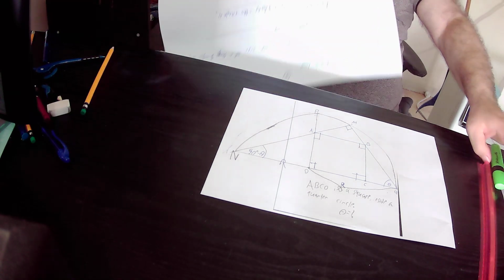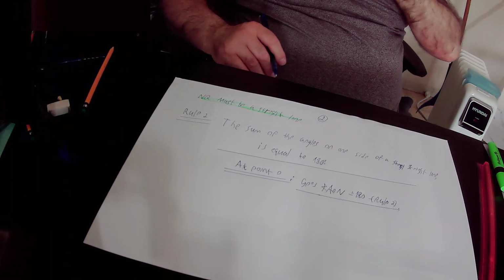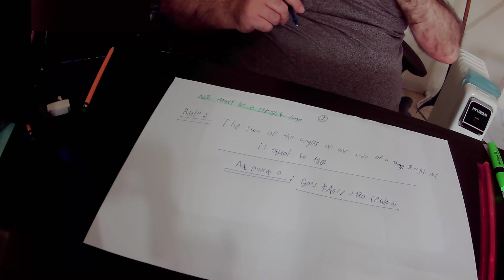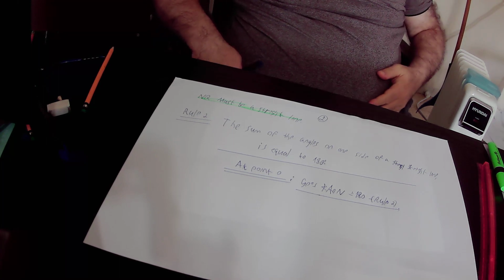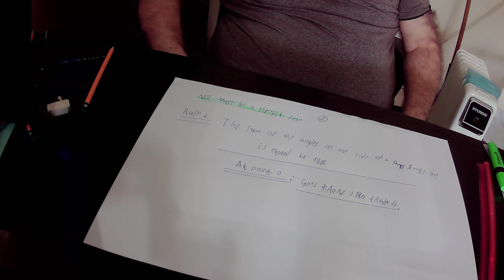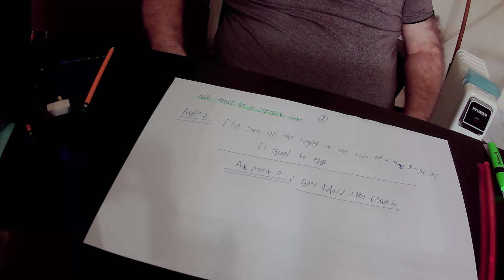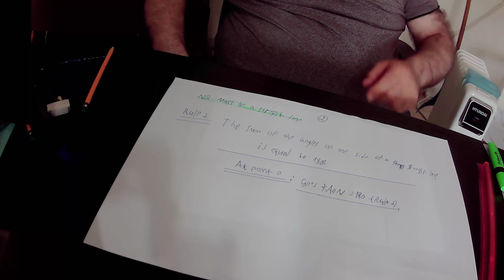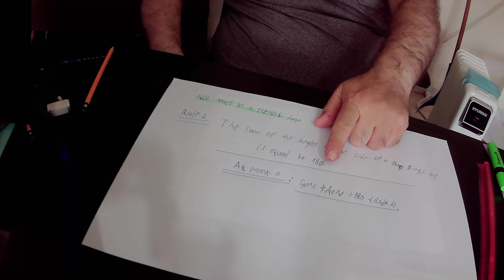So, repeat again. On the upper side of the straight line NQ at point O, the sum of the angles must be equal to 180 degrees according to rule number 2. Therefore, at the upper side of NQ we have 90 degrees plus angle AON.